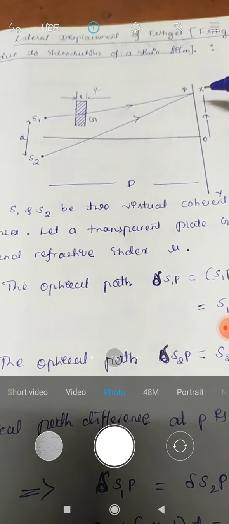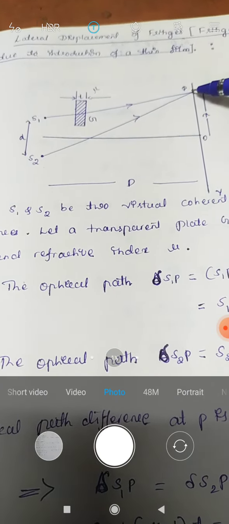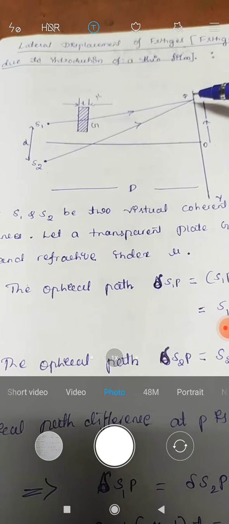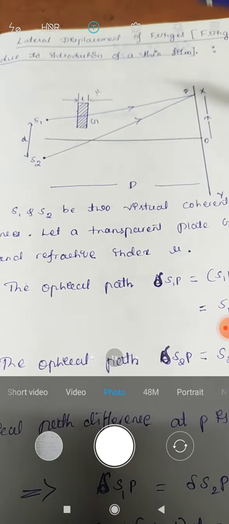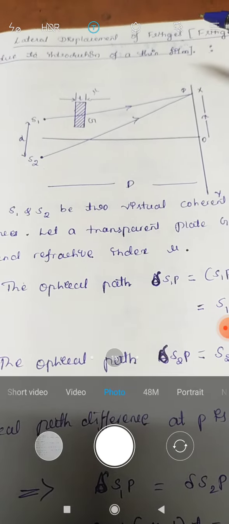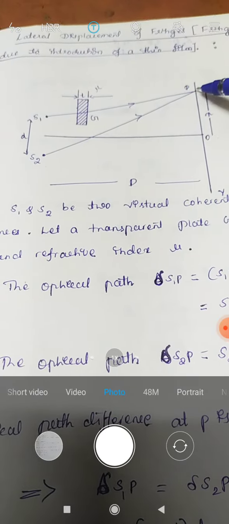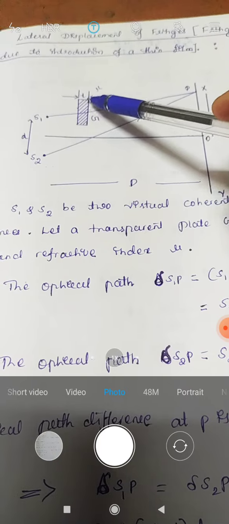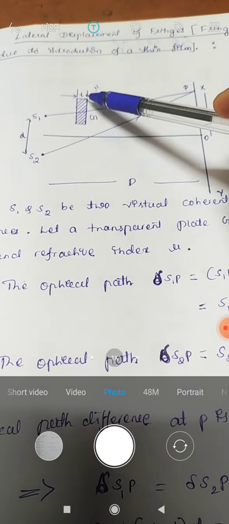So the light wave from S to P travels partly in the air and partially in the sheet G. The distance traveled in the air is SP minus T, where T is the thickness of the sheet.